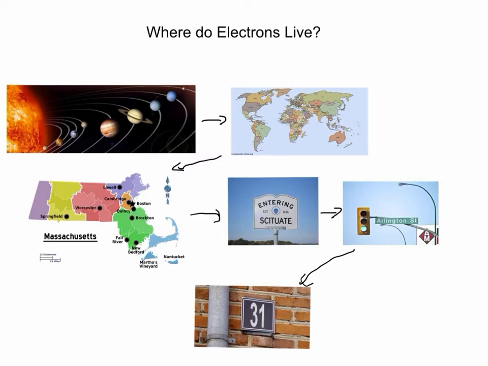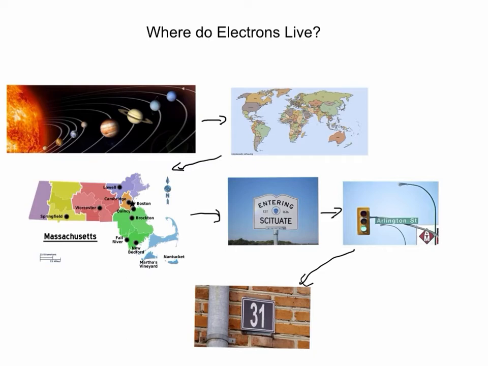So you could direct this person by starting very large on the large scale, narrowing it down, and continuing that process until you get to something very specific. You wouldn't just be able to tell them, I'm house number 31, because they wouldn't know where to look for that house number 31. You have to give them all of this information in order to find where you live.